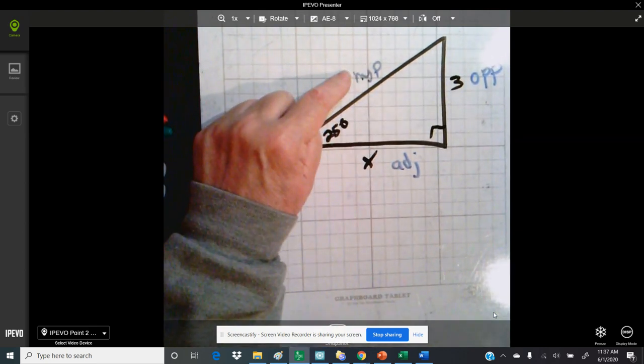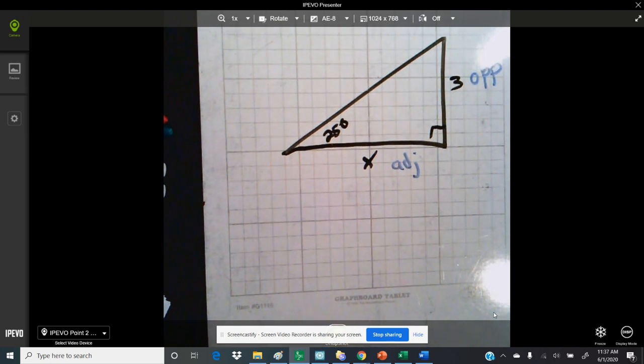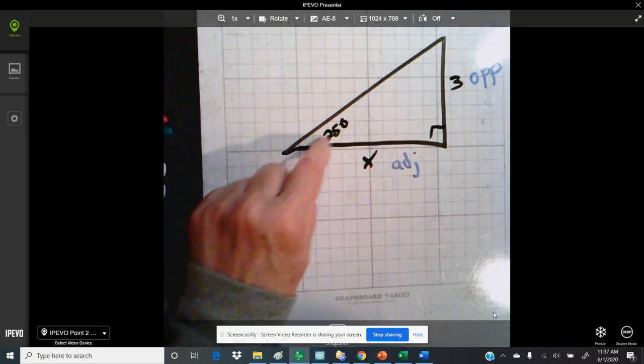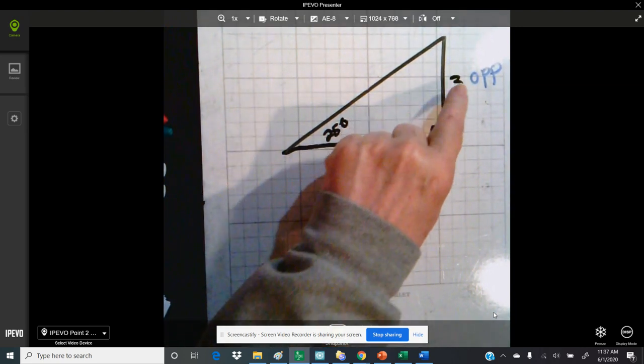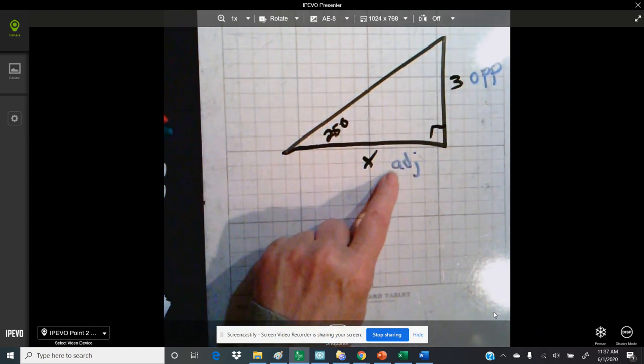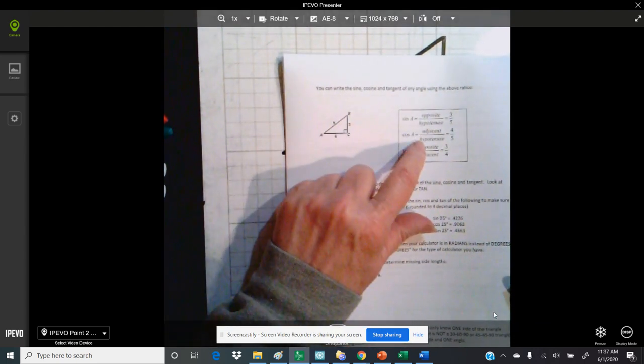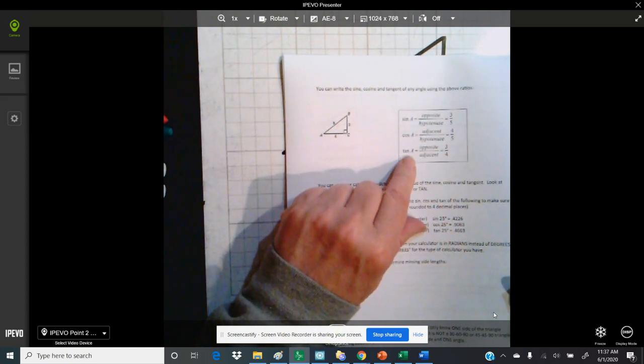Well, I know nothing about the hypotenuse. They haven't labeled it at all, so I'm not going to use the hypotenuse. So now I know one angle and one side. And I know that according to this angle, this side is the opposite and this side is the adjacent. So if I look at my trig ratios, the one that has opposite and adjacent on it is the tangent.